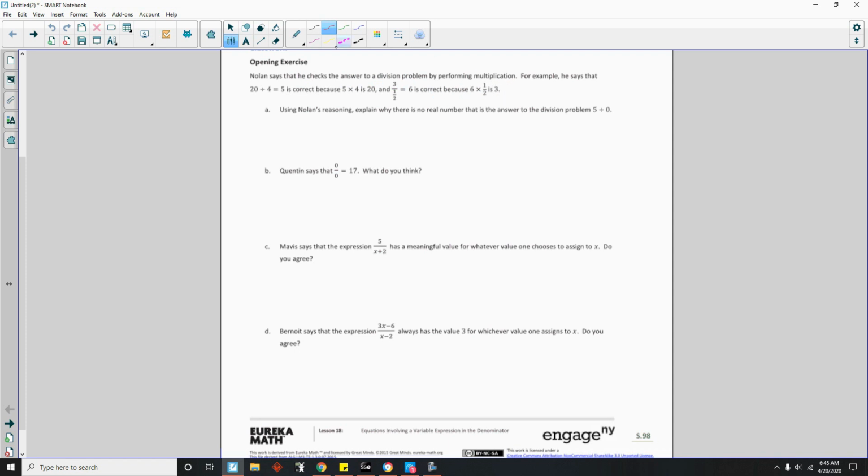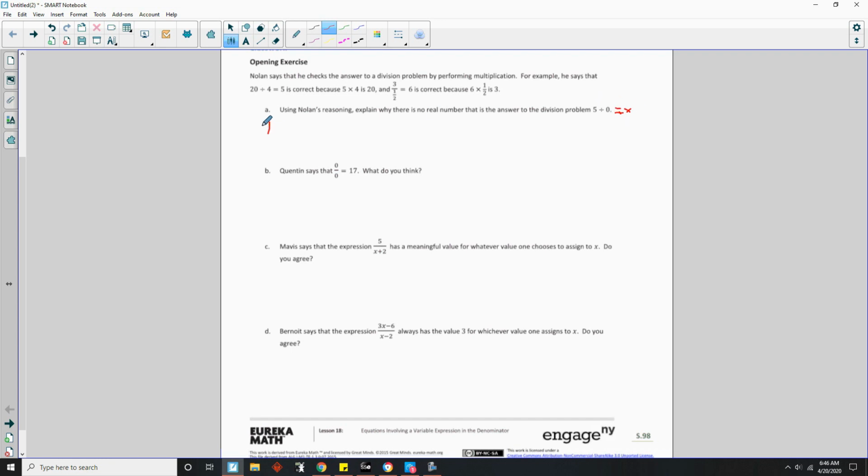Okay, makes perfect sense. So part A says, using Nolan's reasoning, explain why there is no real number that is the answer to the division problem 5 divided by 0. So if we have 20 divided by 4 equals 5, then he said, well, that's because 5 times 4 equals 20. So if this equaled something, a variable say, then what we're going to do is say some number times 0 equals 5.